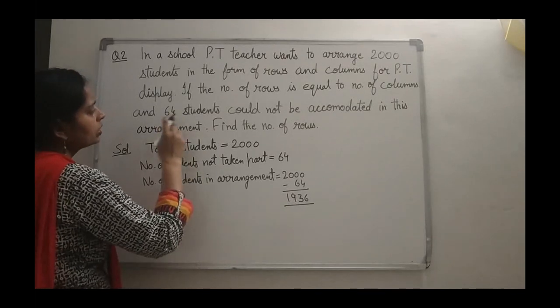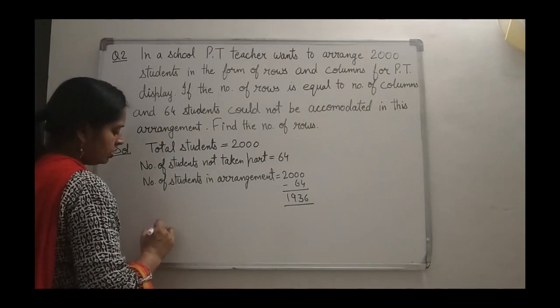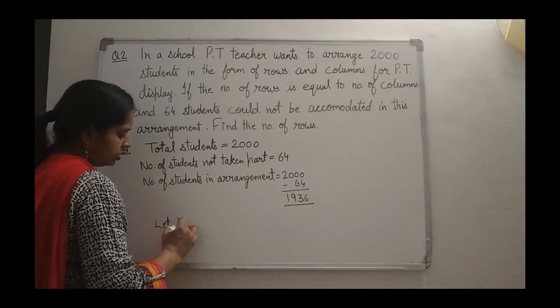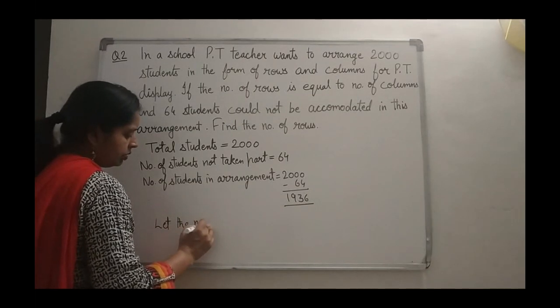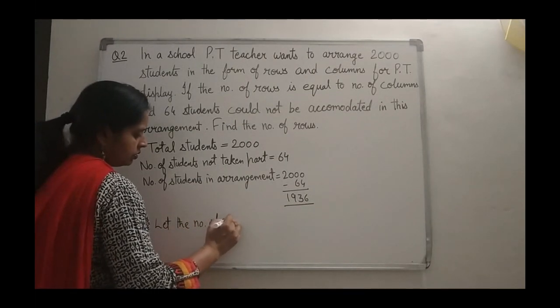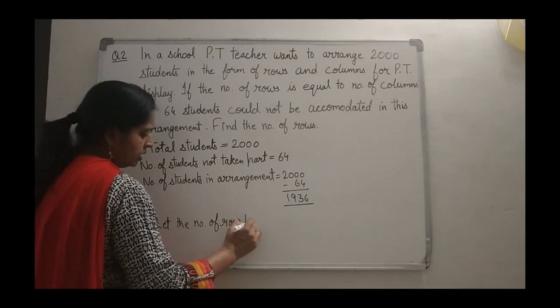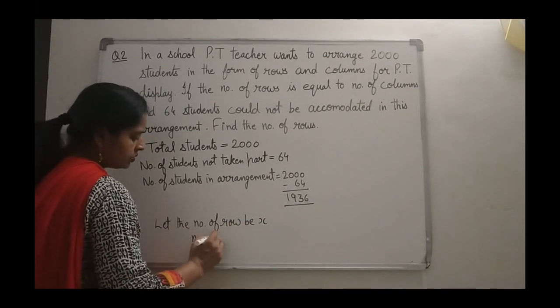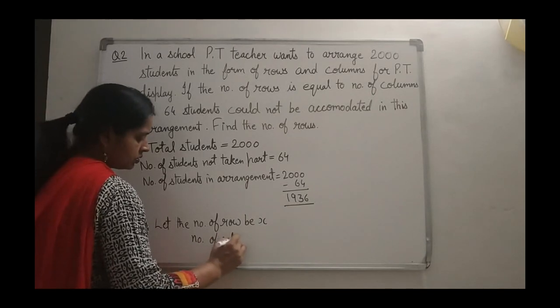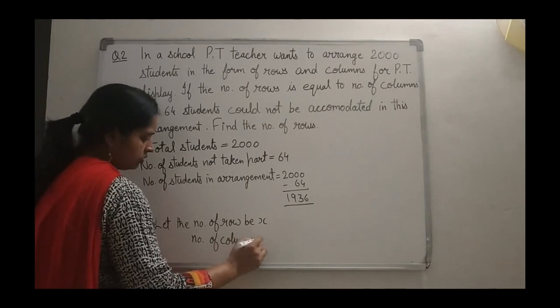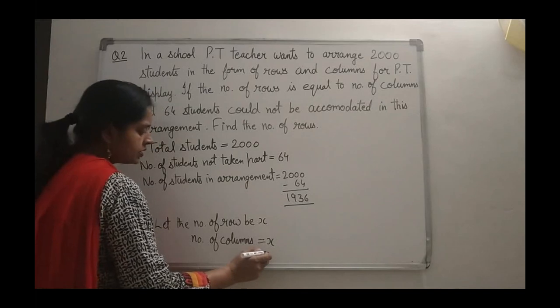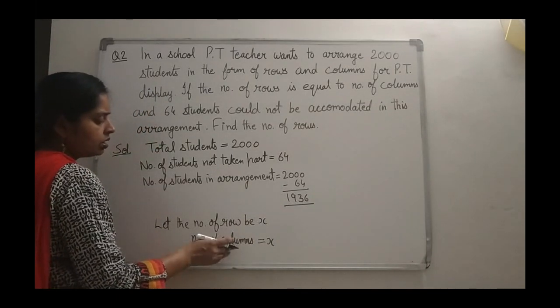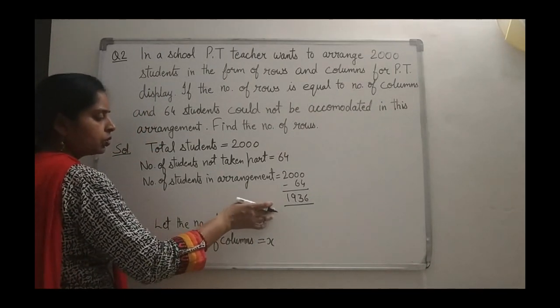So now the number of rows and the columns are the same. So let the number of rows be x. So the number of columns will be equal to how much? x, and the number of rows into the number of columns will give you the total students.